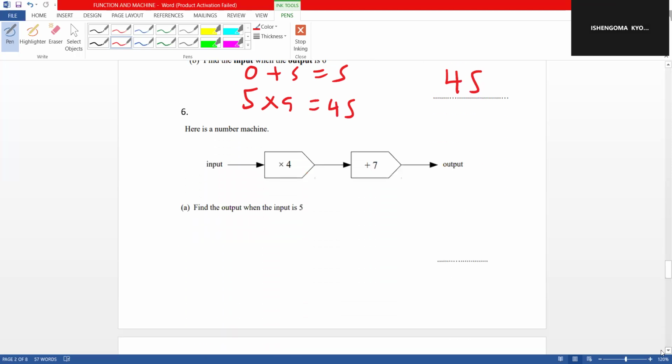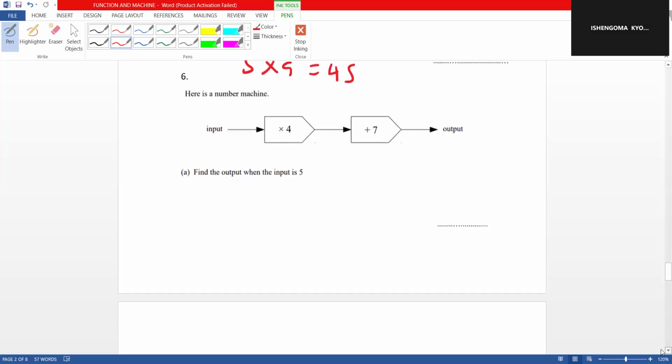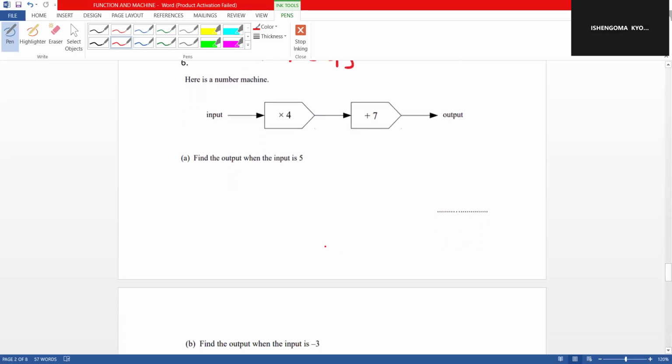Next example, again, we are given here input is 5. Multiply by 4, we will get 20. After getting 20, the next act plus 7 gives 27. Hence, our output is 27.